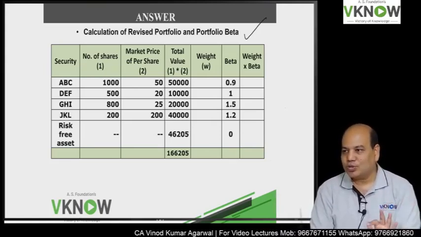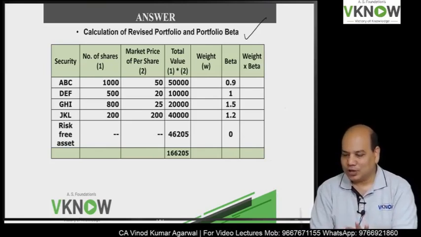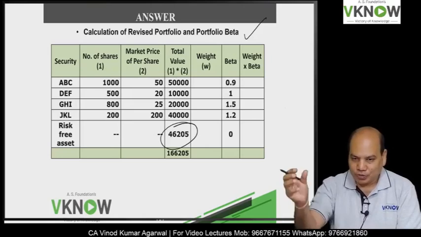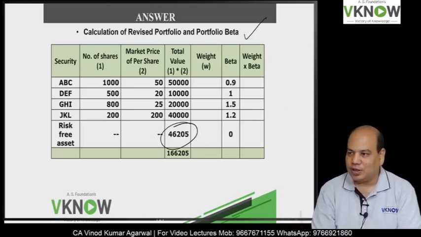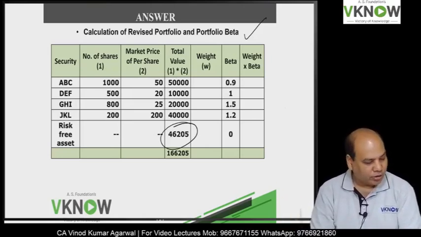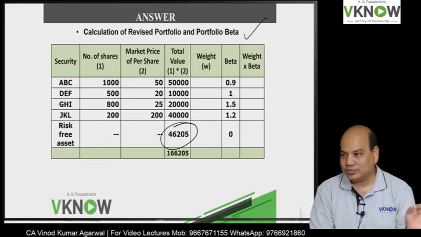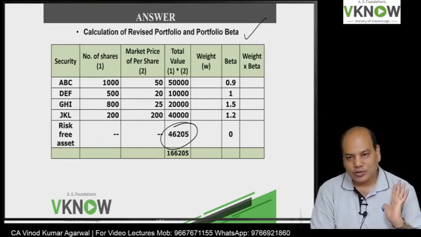Now in the institute answer they have given the proof also, that by bringing the risk-free investment to this number, your portfolio beta will come down to 0.8, which was actually not a part of the answer. If they ask you to prove, then you do it.